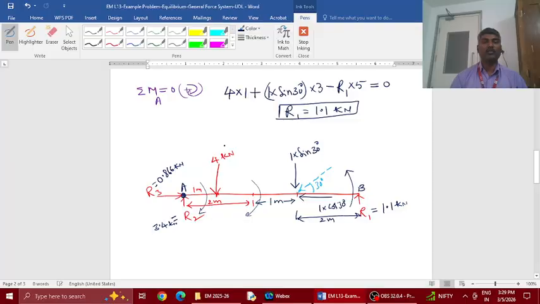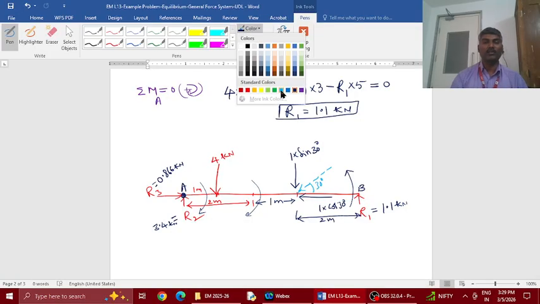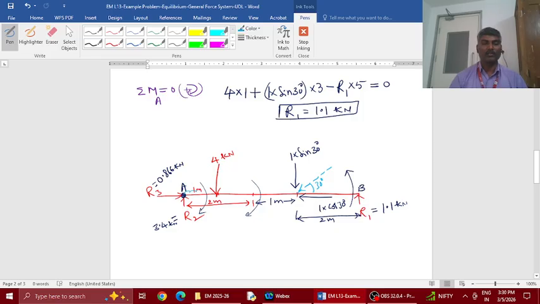This is possible just by converting the UDL given here to a point load. So this is the complete solution when you have a UDL on the member. Thank you, and we'll be back with the next example.